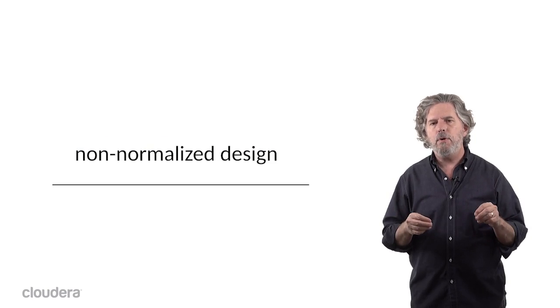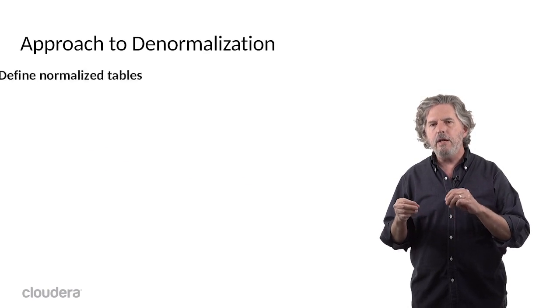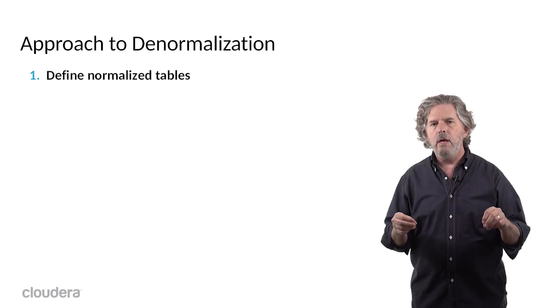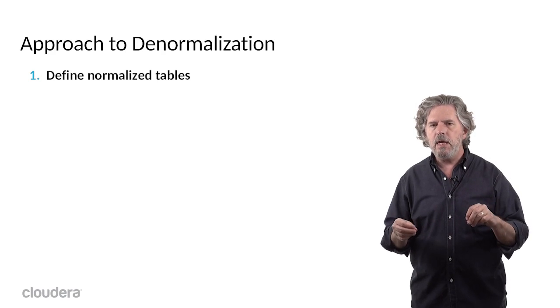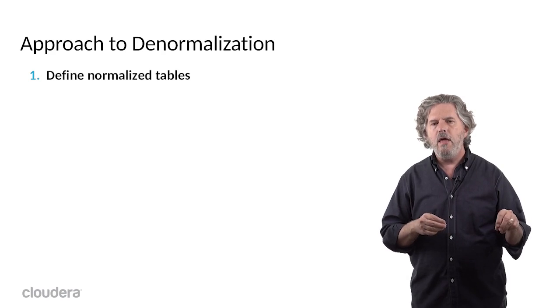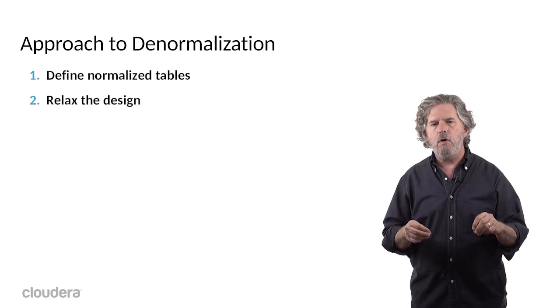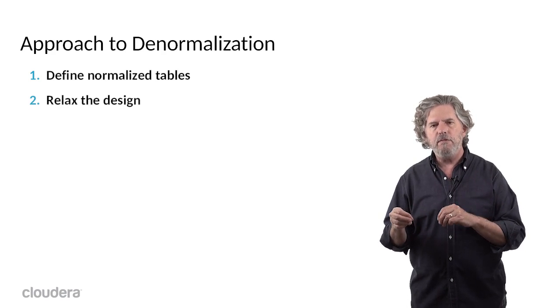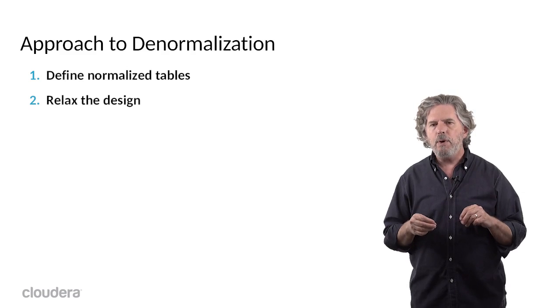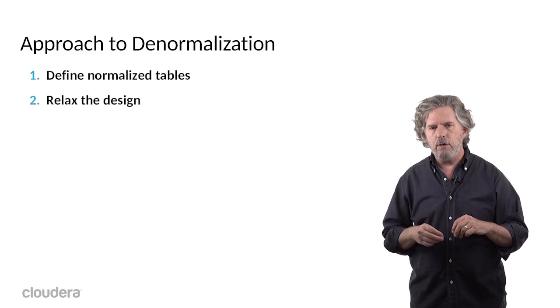A disciplined approach to denormalization is to start by defining a normalized set of tables, considering the principles of good keys and column properties, and then deliberately relaxing your normalized design for specific reasons. This practice can help you better understand your data.